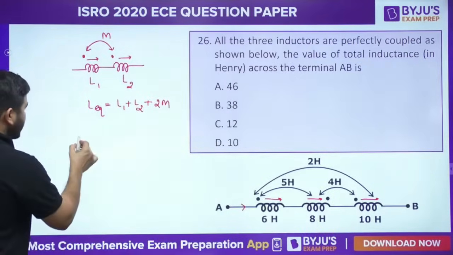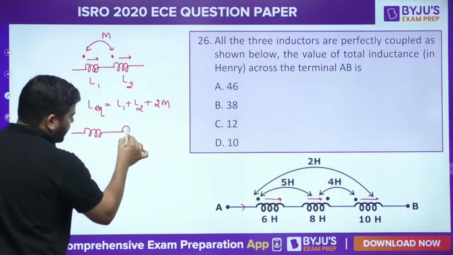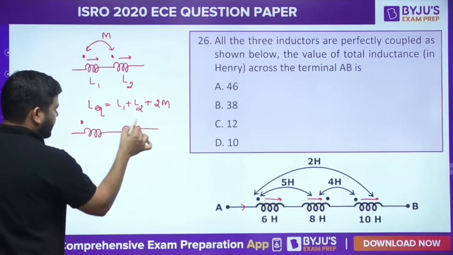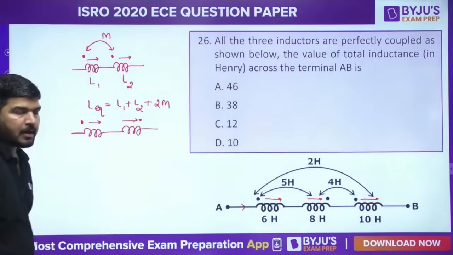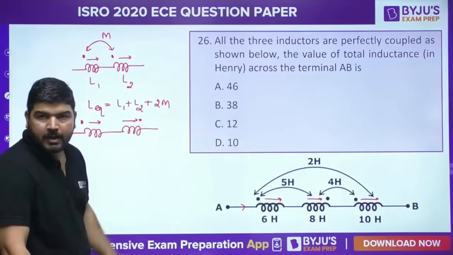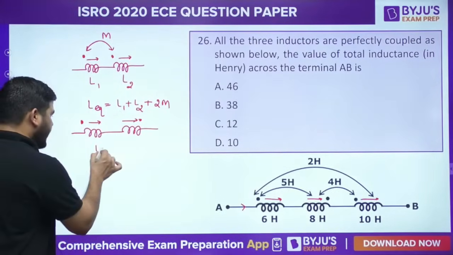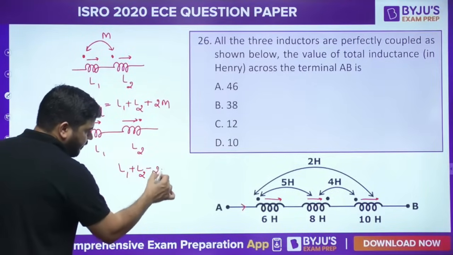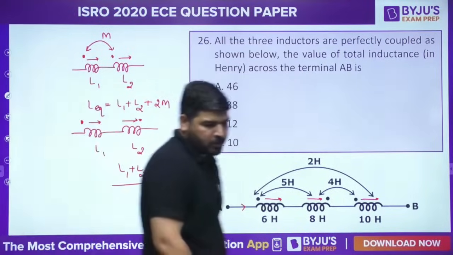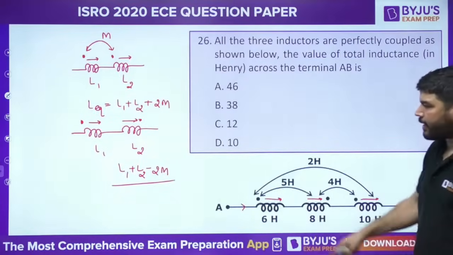But if the current is opposite, in one coil it is entering the dot, in the other coil it is leaving the dot, then the equivalent inductance will be equal to L1 plus L2 minus 2M. This is my equivalent inductance.